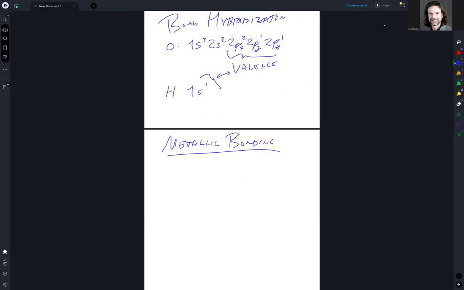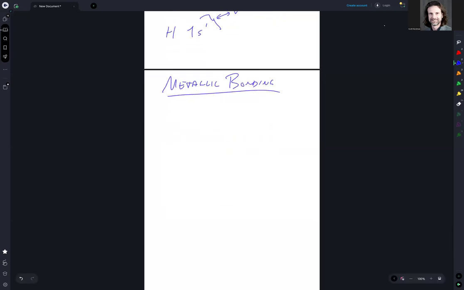Metallic bonding, I think what's important to say about metallic bonding is that there are almost no metallic molecules, right? There are metals, but not metallic molecules.